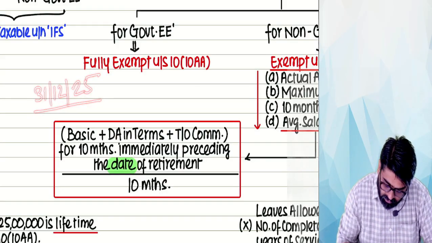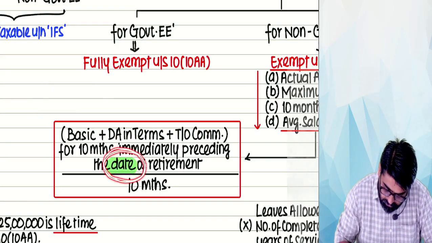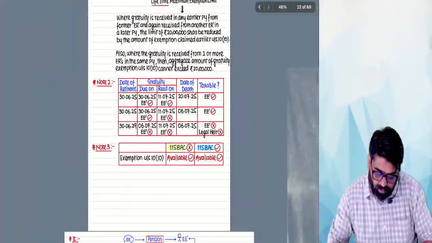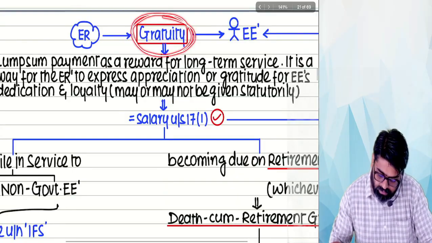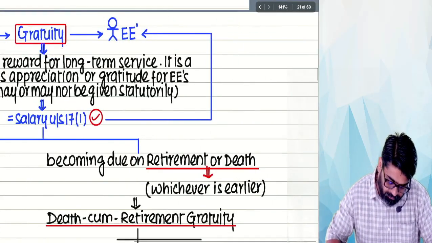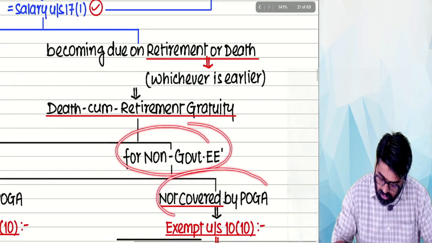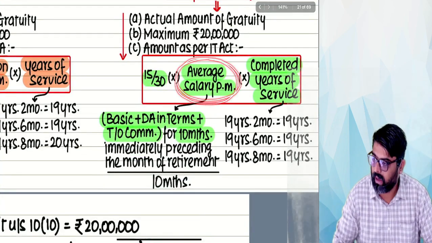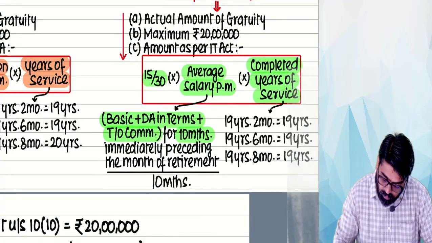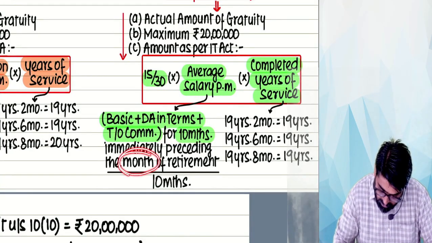If you see what is written here, date of retirement. And if I go to gratuity, can you see? In gratuity, if the employee is a non-government employee not covered by POGA, here also we used to calculate average salary for 10 months immediately preceding the month of retirement.